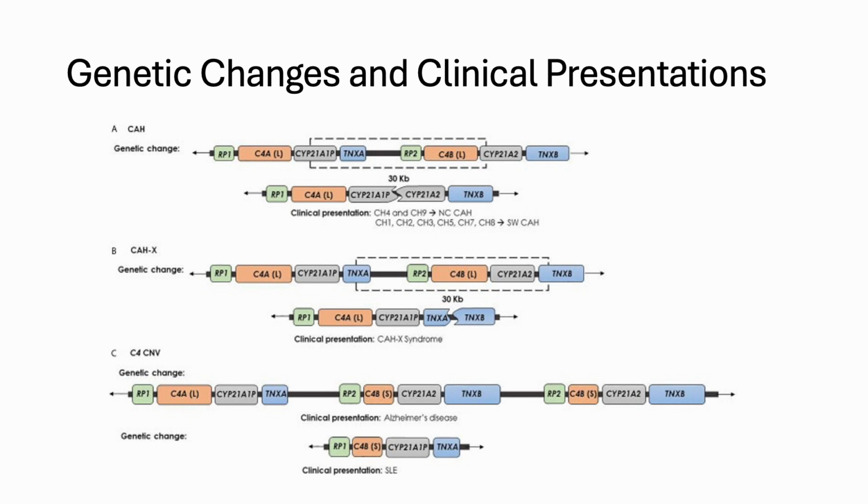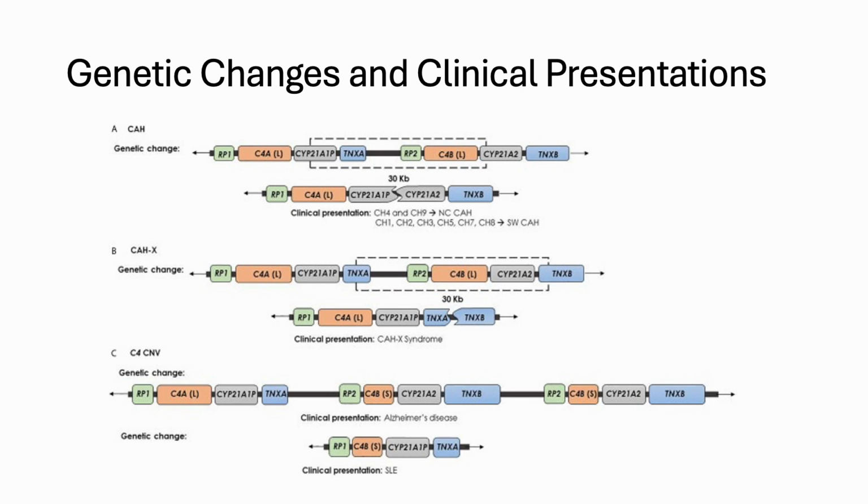In example A, the CAH chimera is caused by a recombination between CYP21AP and CYP21A2. This causes the impairment of CYP21A2 and the deletion of C4P, but leaves the TNXB gene safe. This results in CAH.